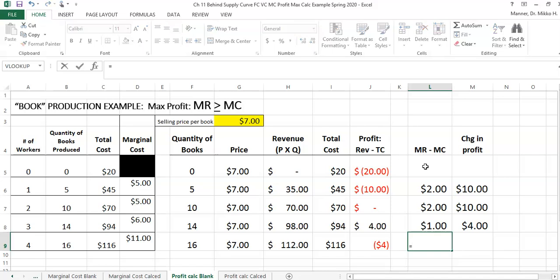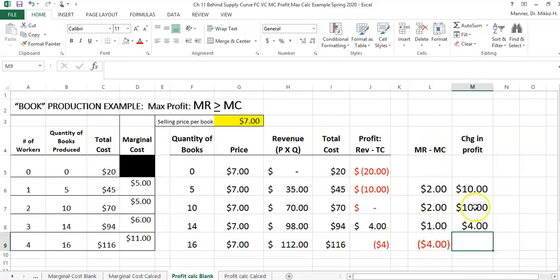So what is the difference between marginal revenue and marginal cost? Well, marginal revenue, $7, minus marginal cost. Each extra book costs us an extra $11 when we hire that 4th worker. So for each of the 2 extra books, profit goes down by $4, marginal revenue minus marginal cost.